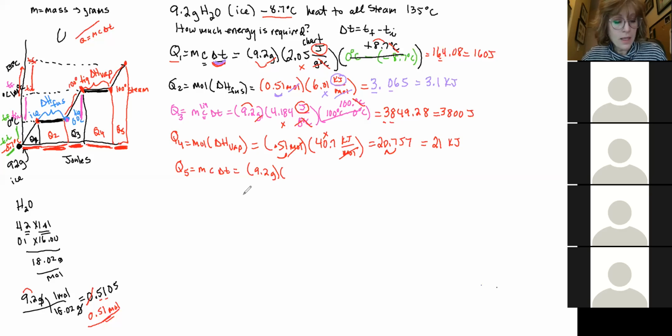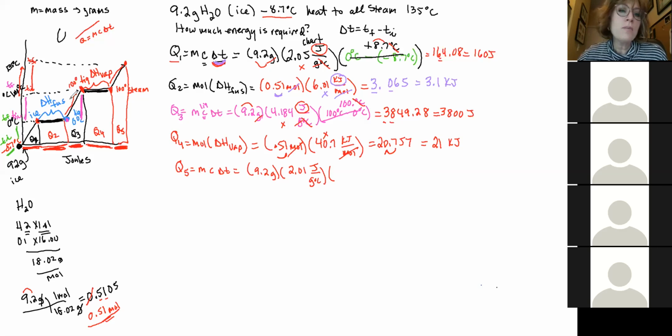I'll grab mine too, because I want y'all to have them out for the next question when we do a heat of formation question. Okay, what do you got, Ivy? Specific heat of steam, that's what I'm looking for. Will, do you have it? Yes, ma'am. Is it 2.01? Correct. 2.01 joules per gram degree Celsius.